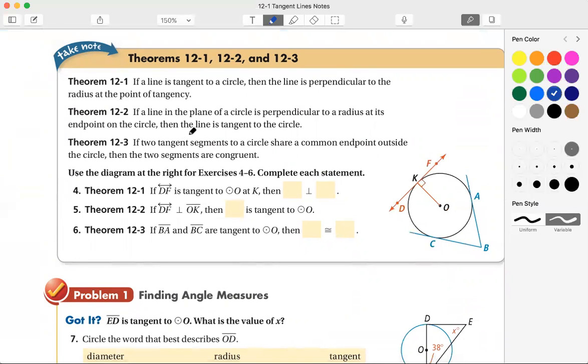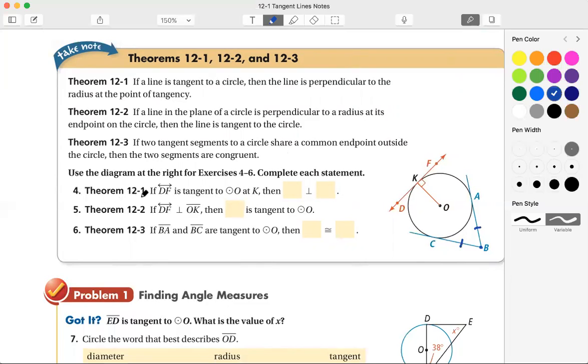Theorem 12-2, if a line in the plane of a circle is perpendicular to its radius at its endpoint on the circle, then the line is tangent to the circle. Theorem 12-3, if two tangent segments to a circle share a common endpoint outside the circle, then the two segments are congruent. So here's two tangent segments. They share a common endpoint, point B. So AB is congruent to BC.